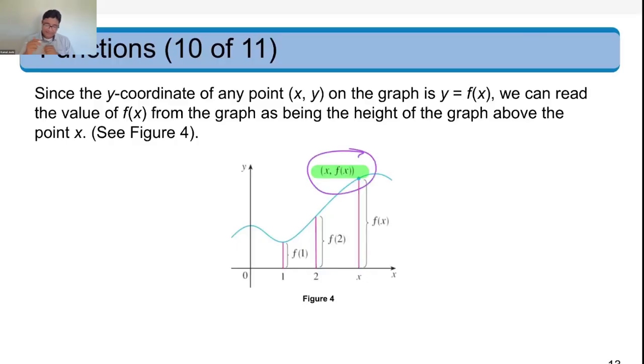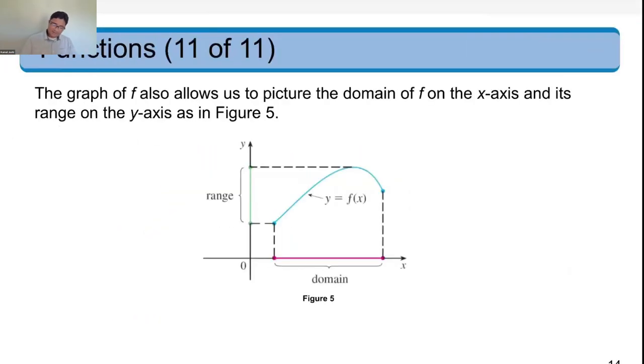Again, just to highlight the fact that every point on a graph is x comma f of x. So that f of x is the y coordinate here. And x is the x coordinate, of course, the distance from 0 along the x-axis. And not just that, there is some more utility to graphs, which is it can give you the domain and range immediately.